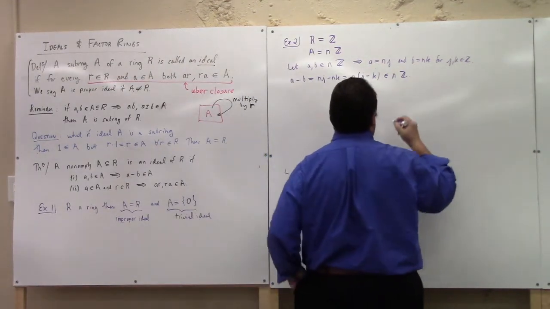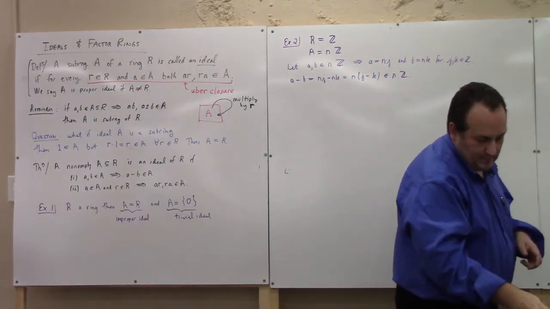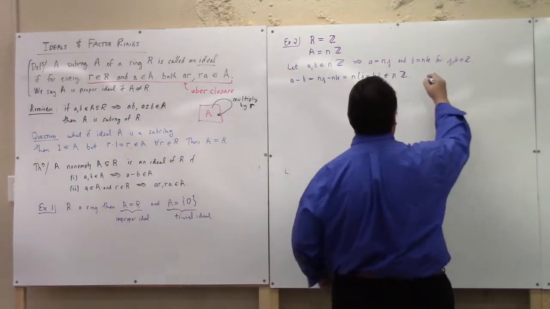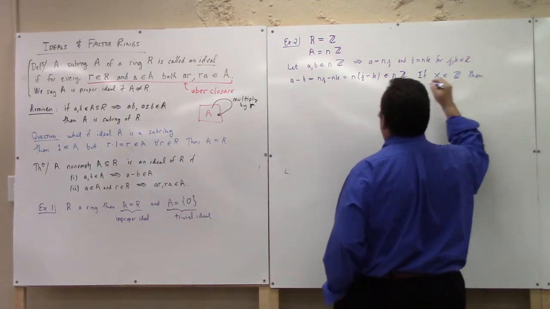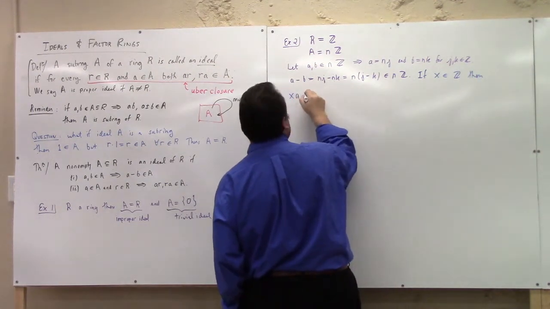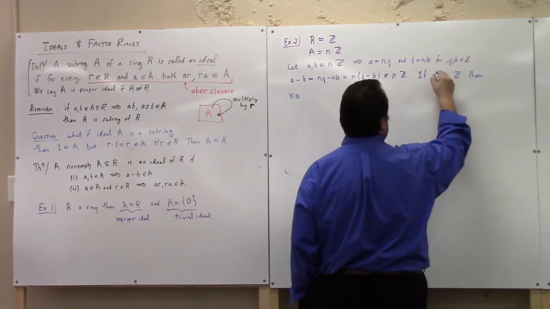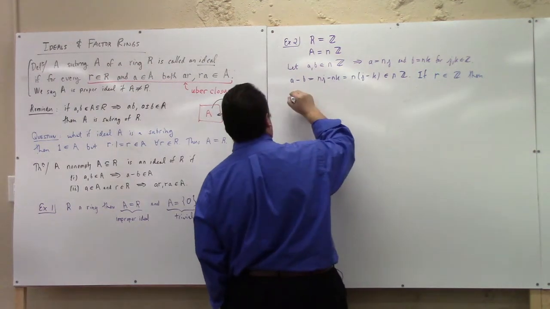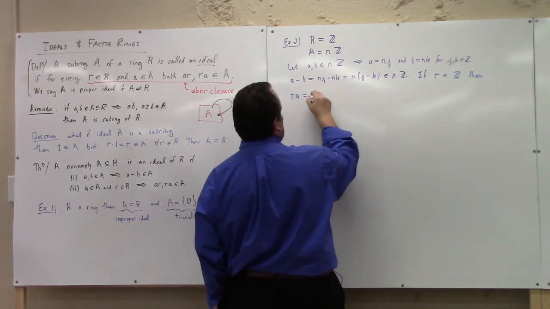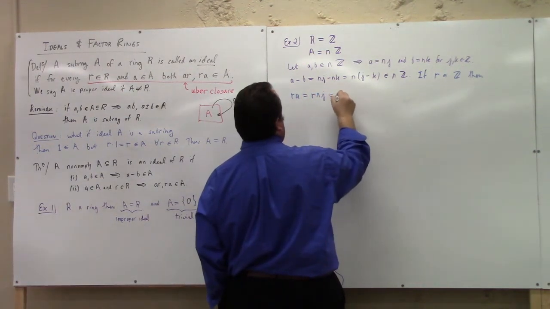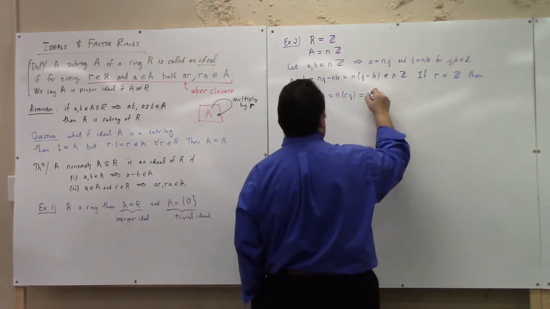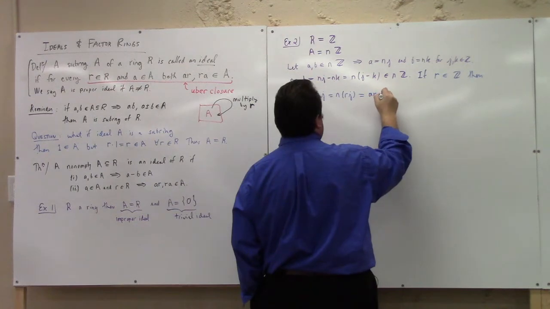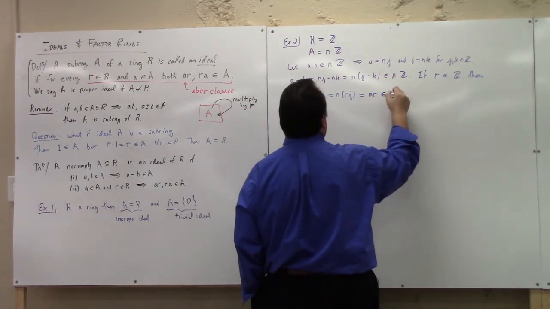So to check absorption closure, let's say r is an element of Z. Then ra is equal to rnj, which is n times rj, which by the way is equal to ar, because things commute here, and that's an element of nZ.